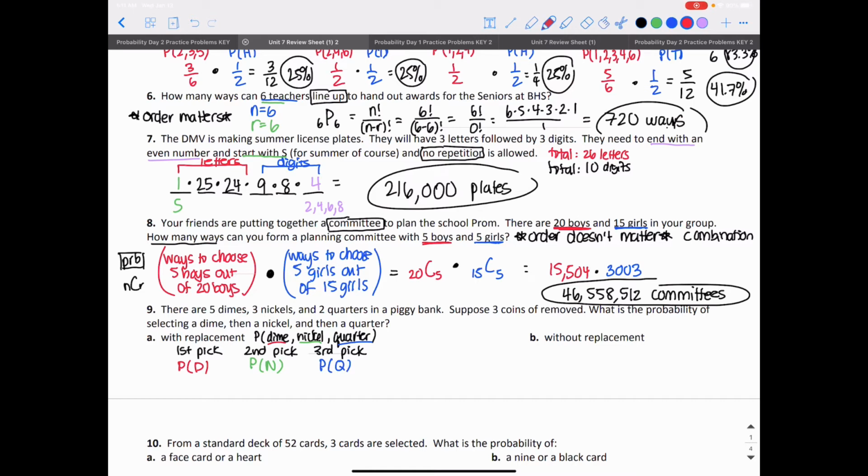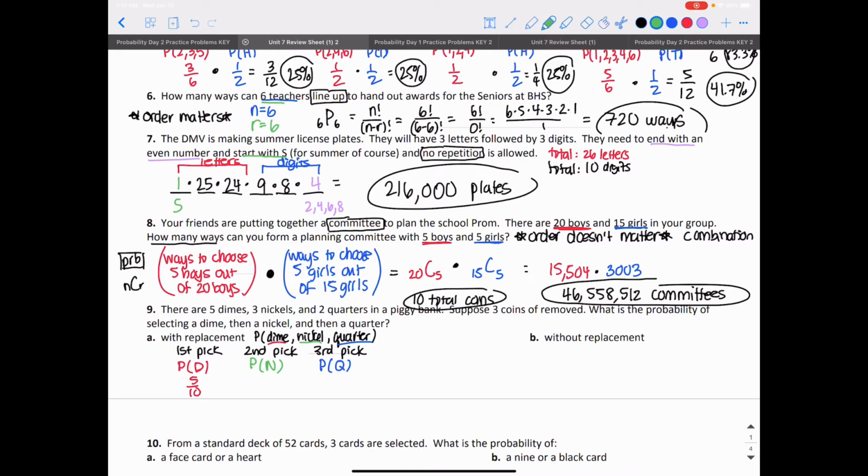Okay, the probability of getting a dime is, I'm looking at how many total do I have? Well, I have 5 plus 3 plus 2, which is 10. So 10 total coins in the bag. And then for a dime, I have 5 of those out of 10 are dimes.